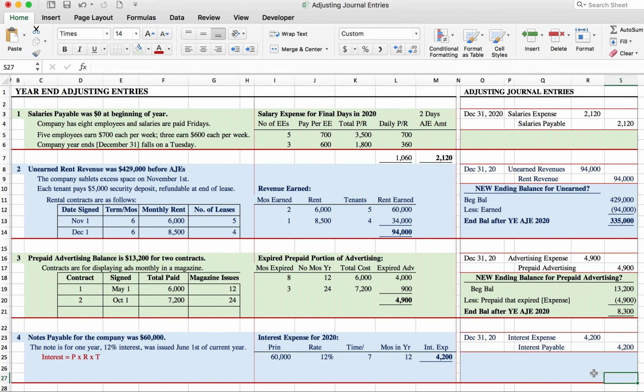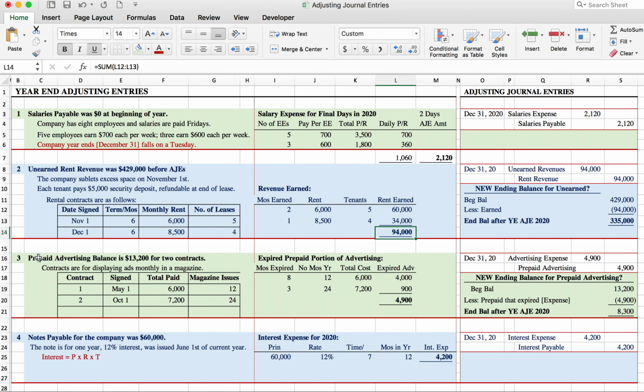And so in tandem, what we've done is 4 year-end adjusting entries, 4 different cases. One was for salary expenses, where the year ended on Tuesday. The second is we looked at unearned rent revenues to see how much of that rent was actually earned, and we came up with 94,000.